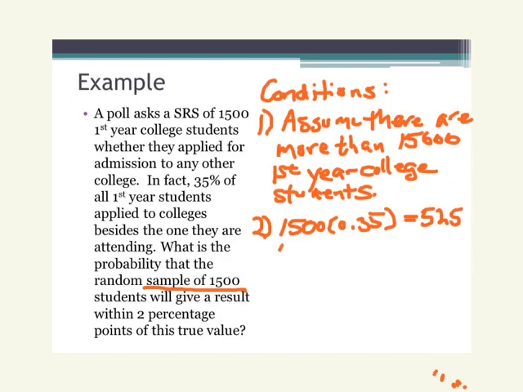And then 1,500 times 1 minus p, which would be 0.65, and that comes out to be 975. Both of those numbers are greater than or equal to 10. And because they are, the normal distribution is appropriate.